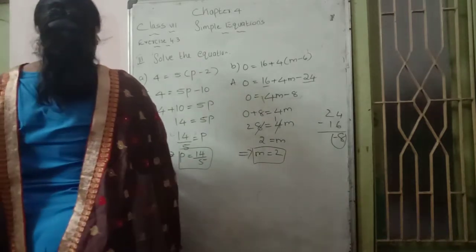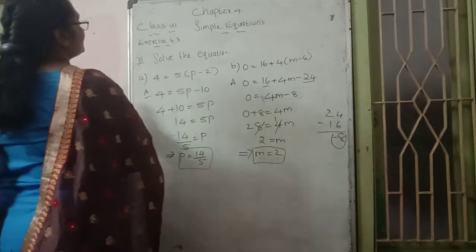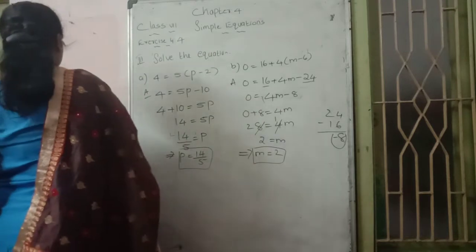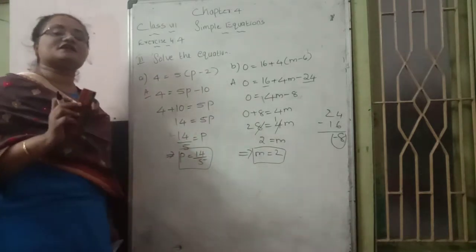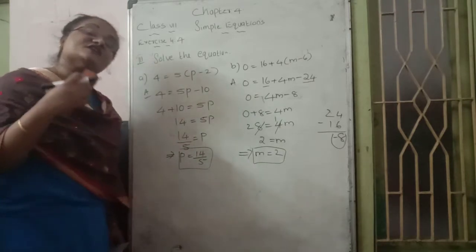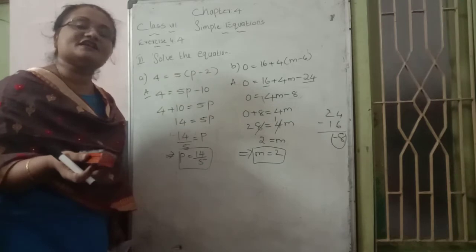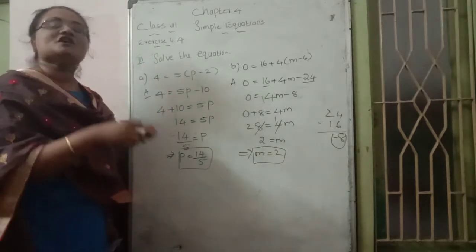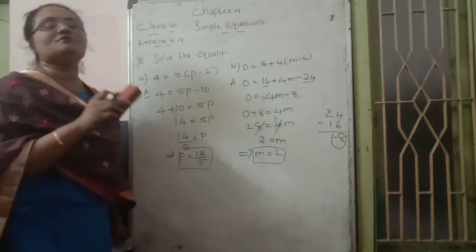Then next we go through another question, exercise 4.3, 4.4 exercise. In the next exercise they give a statement, and with the help of that statement we frame the equation, and after framing we solve and find out the variable value.